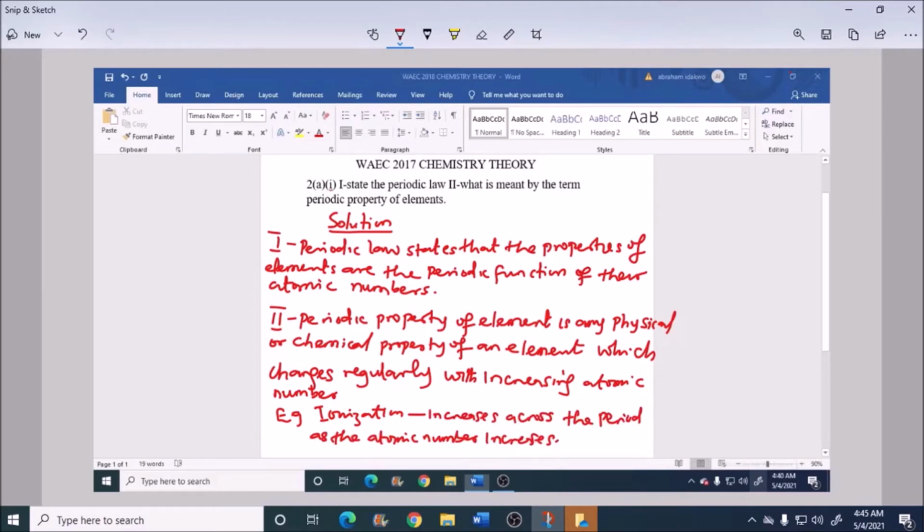So we have just answered question 2a Roman figure 1, which asks us to state the periodic law and what is meant by the term periodic properties, and the two have been answered.